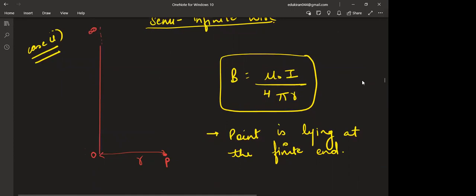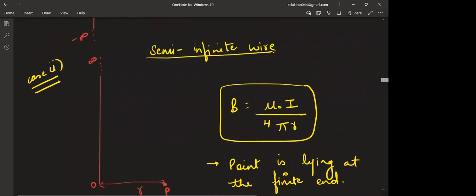Now, what is meant by semi-infinite wire? Semi-infinite wire means one end is extending towards infinity and the other end is fixed, finite. But the point of calculation that we are taking is located towards the finite end.